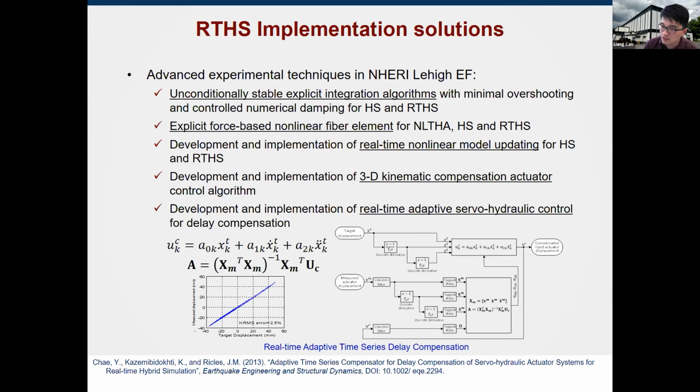In these equations, U is the impulse actuator's displacement, and X is the targeted displacement. Basically, this compensation follows a Taylor series. We have three parameters. The first, A0, is related to the amplitude error, and the ratio between A0 and A1 is related to the delay. You can find these delay compensations in these publications in EESD.